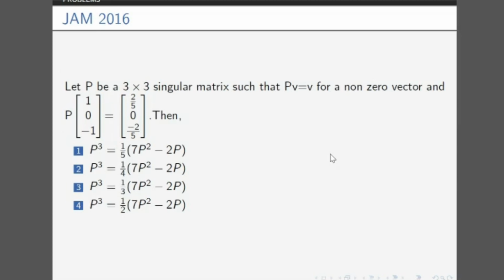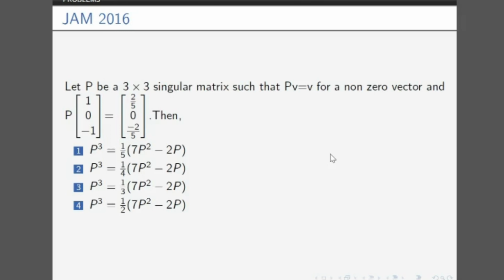Just one more point left. There is only one more point that you have left. Okay. Minus 2 by 5 is also an eigenvalue. Yes, that's it. That is, we have been given the details of the eigenvalue in the question itself.